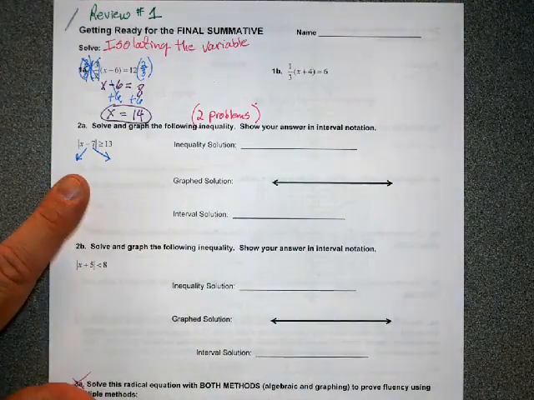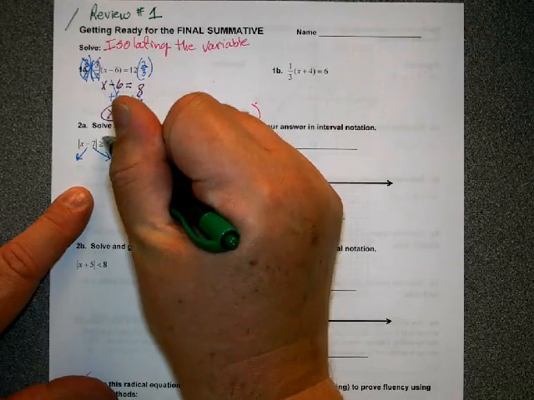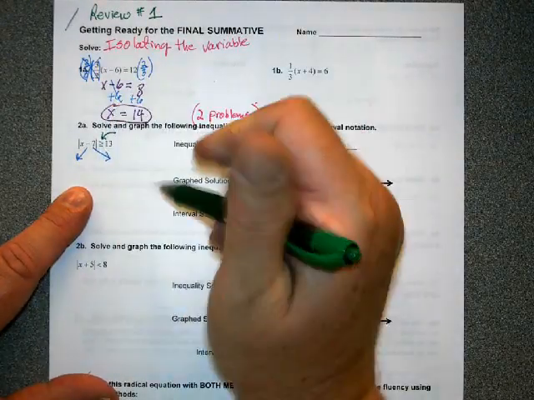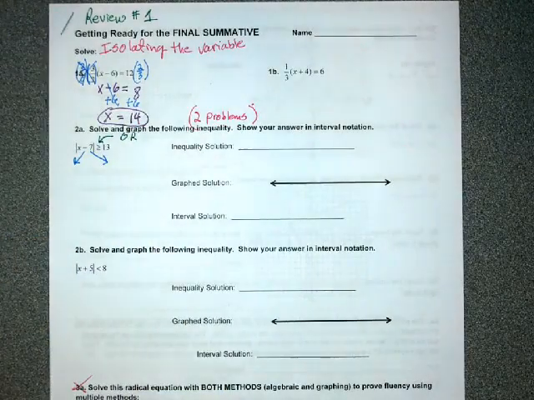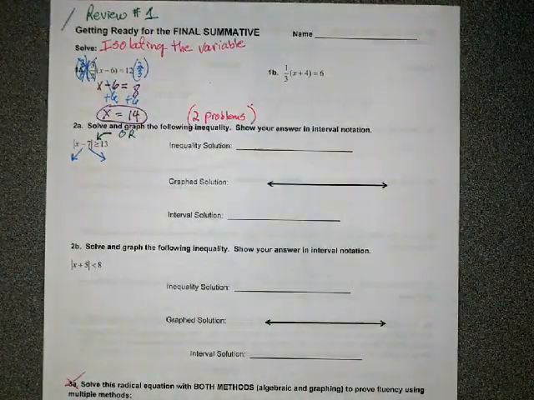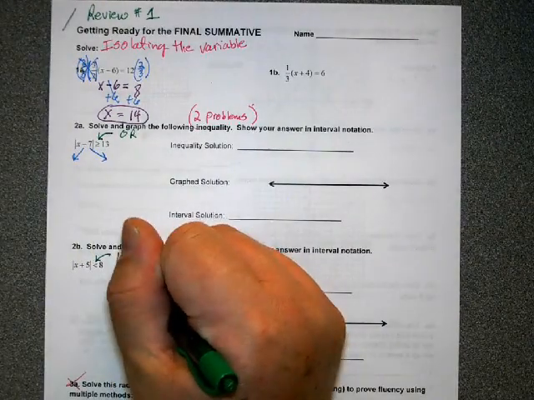Oh, let's talk a little bit about the inequality. When I have a greater than or equal to, this is going to be an or problem. Okay? If I have a less than, it's going to be an and problem.